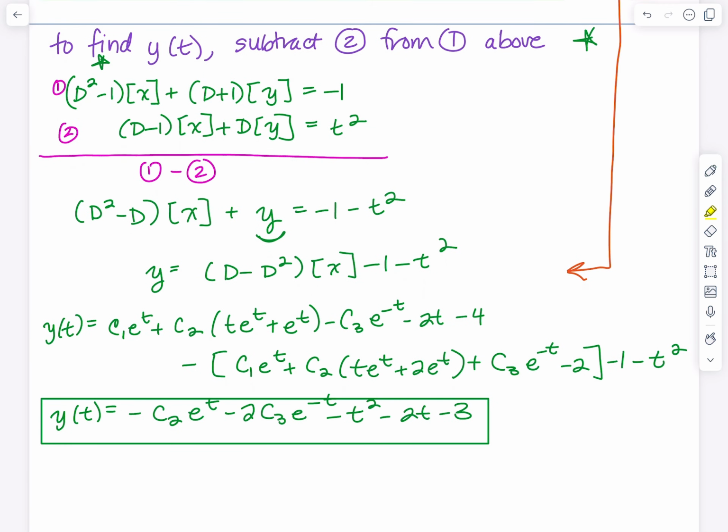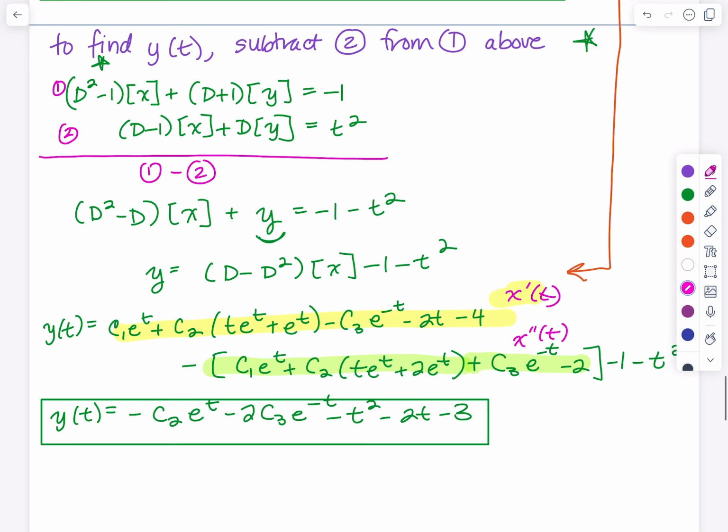Did want to mention that this right here is our x prime of t, and this right here is our x double prime of t.